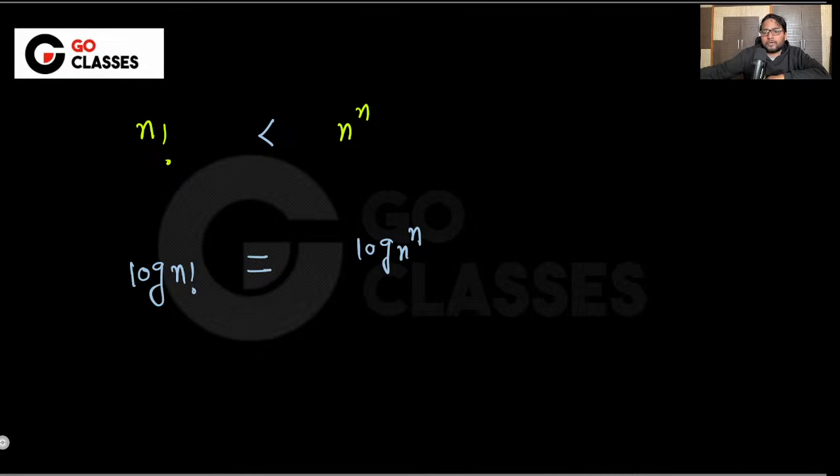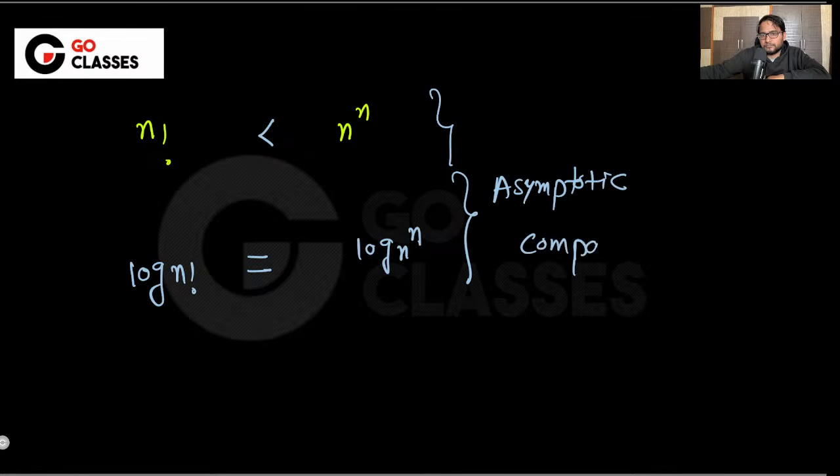After taking the log, both are equal. So this is asymptotic. Obviously they are not exactly equal, but asymptotically they are equal, which means if you want, I can write the theta here. Asymptotically they are equal.